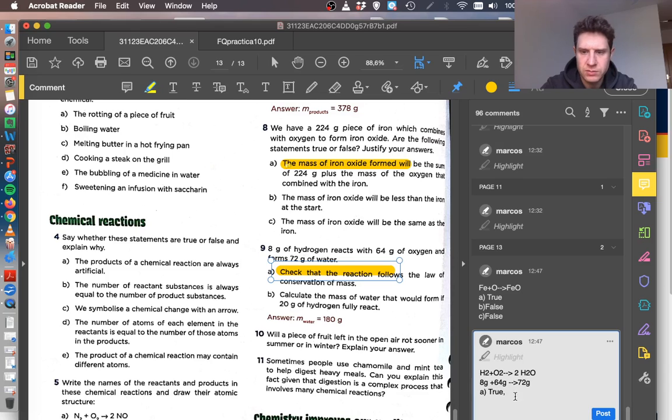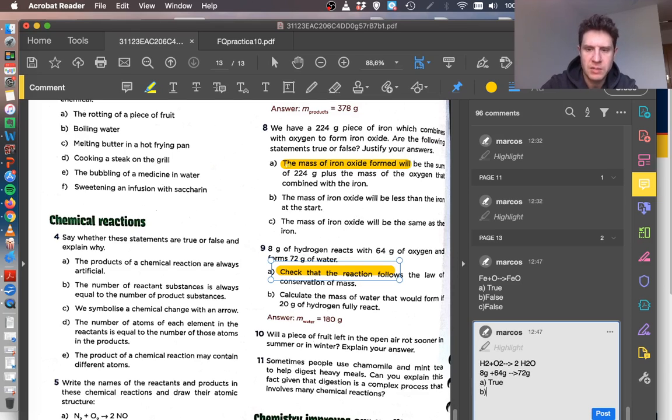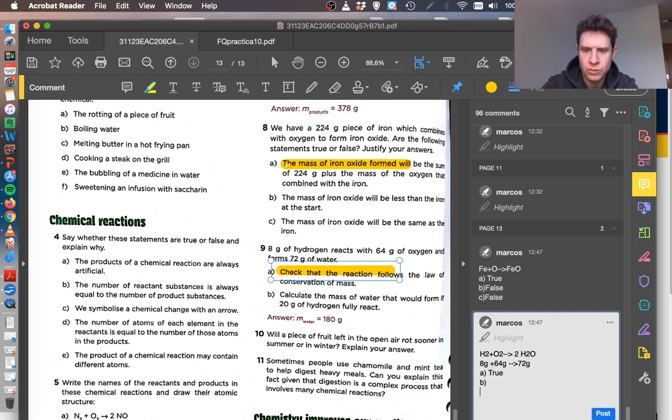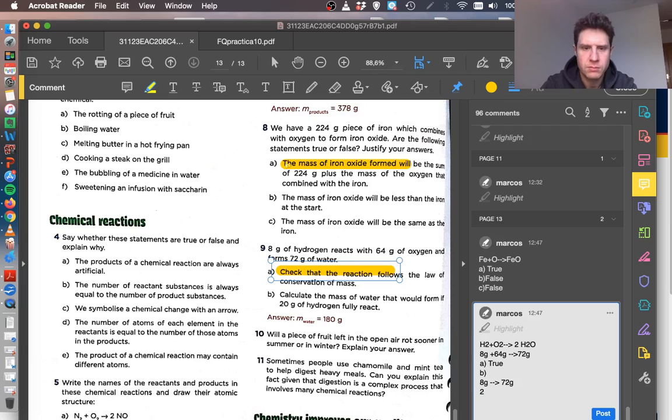B: Calculate the mass of water that would form if we have 20 grams of hydrogen fully reacted. Very interesting. If 8 generate 72, 20 grams of hydrogen will generate, we don't know.